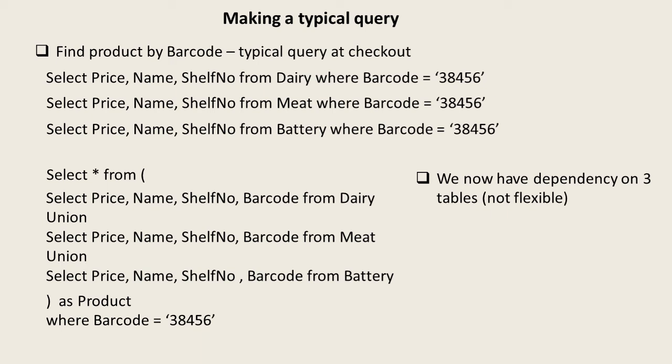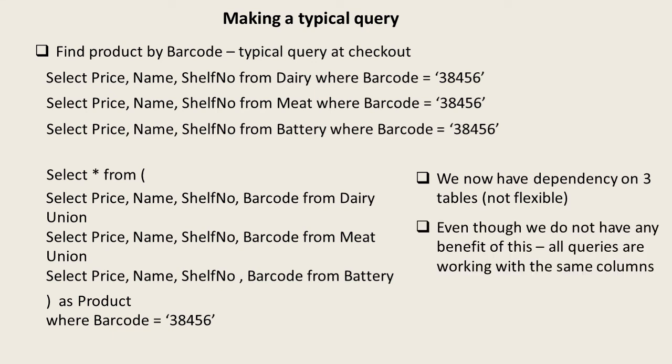So now every time we update anything in our products hierarchy, in the products we offer, we need to update all code which is working with this. This is not flexible. And the most disappointing fact is that we are doing it without any visible benefits. Because as you can see, all our 3 queries are working with the same columns. So they do not use any benefit of the presence of these additional columns.